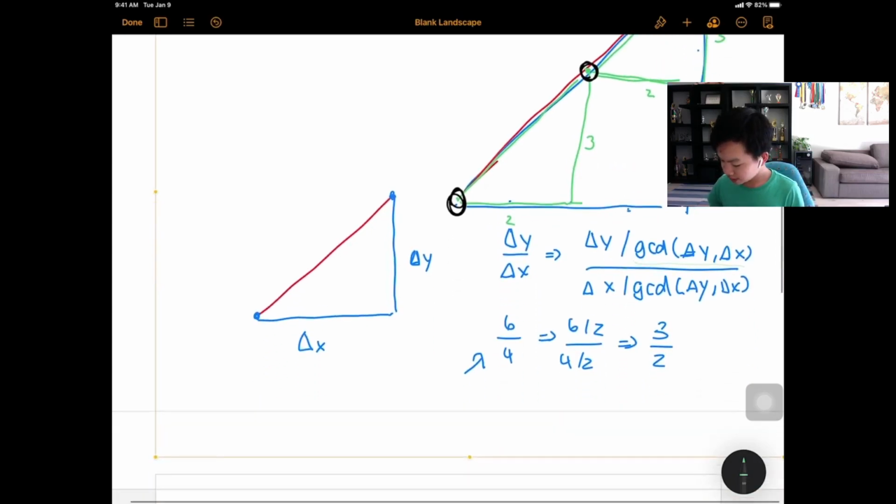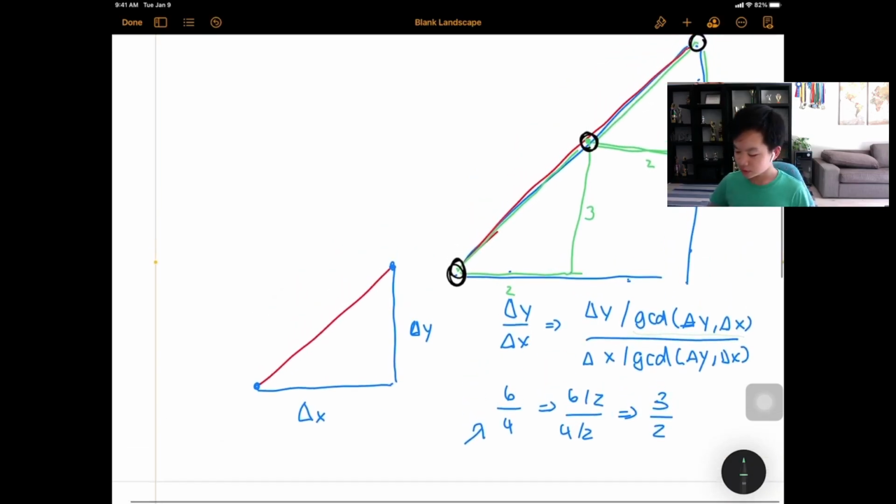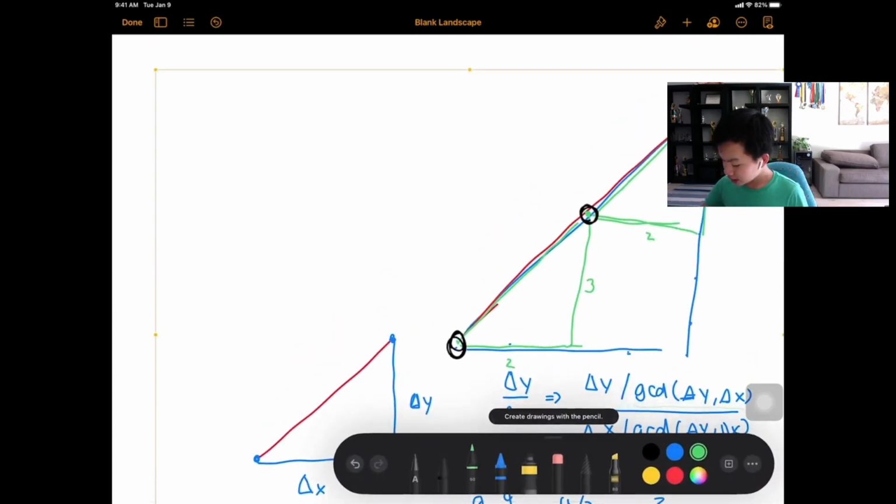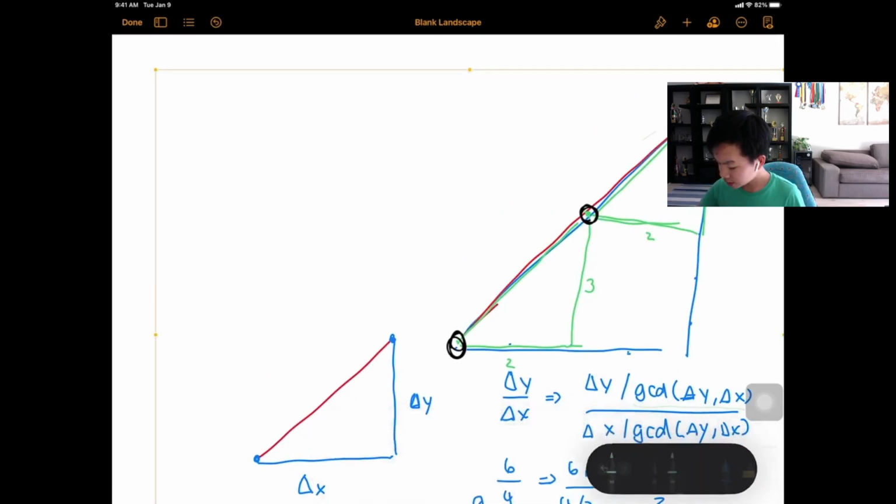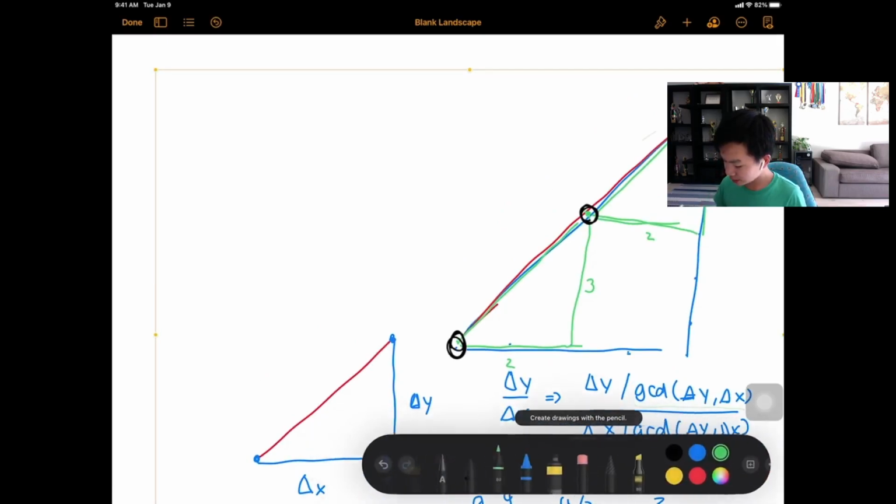For example, the GCD of delta y equals 6 and delta x equals 4 is equal to 2. So it means that you can partition it into 2 triangles. So basically every point on this triangle is going to be a lattice point.